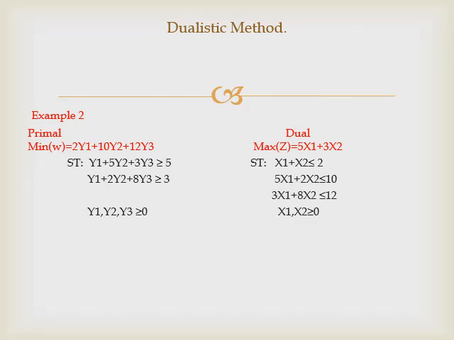The coefficients of the objective function will be the constants of the constraints of the primal. 5 will be the coefficient of x1, 3 will be the coefficient of x2. Then the objective function of the dual will take the following equation: max Z equals 5x1 plus 3x2.